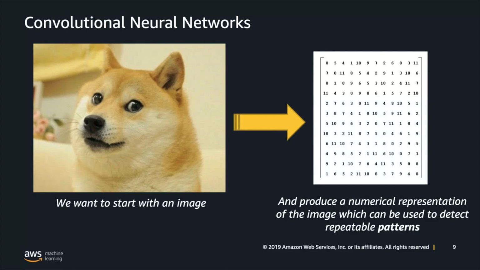And each matrix of values may represent one or more channels of the image. So it might be RGB, red, green, and blue. Each one of those values will maybe represent the intensity of the pixel: how much red is in it, how much green is in it, how much blue is in it, or they may represent something else. But at the fundamental level, we can represent these images as numerical matrices.